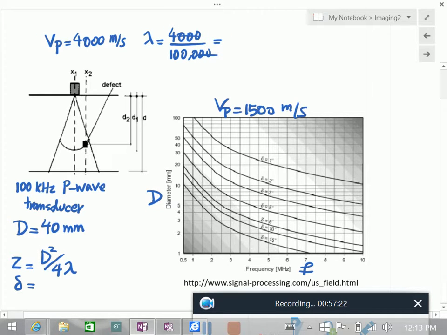Right? It's 4 centimeter, so it's pretty big, right? The wavelength. Now, the near field, it's kind of easy to even calculate by hand.